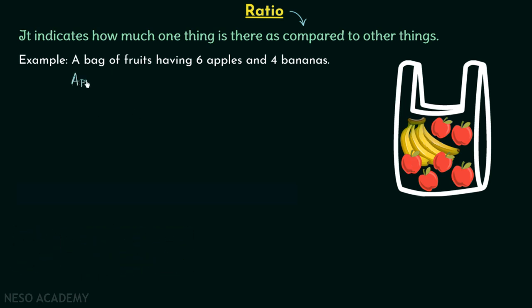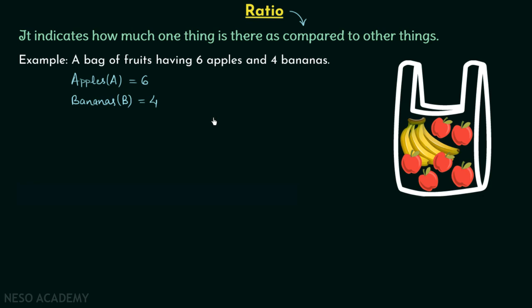So the number of apples, let's say A is representing the apples, is equal to 6, and the number of bananas, let's say B is representing the bananas, is equal to 4.